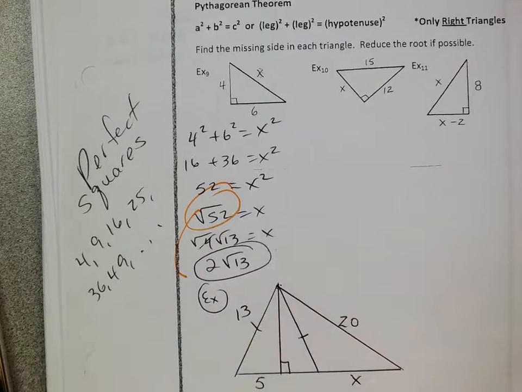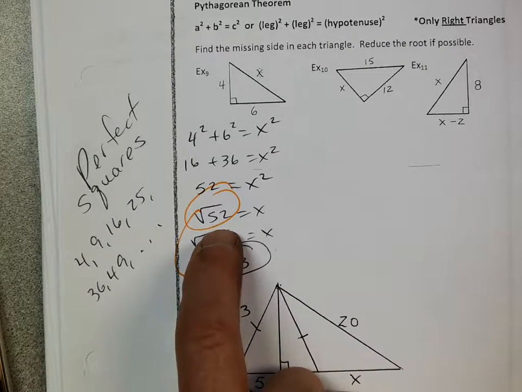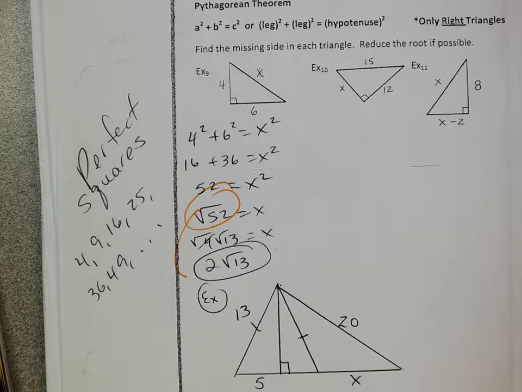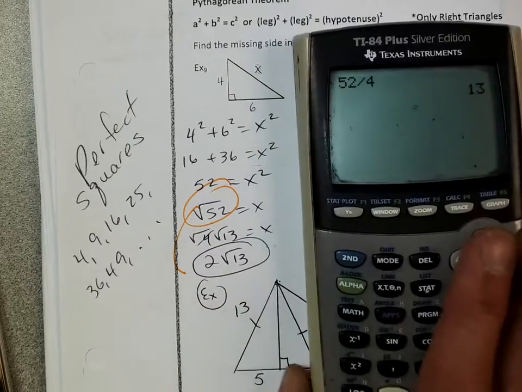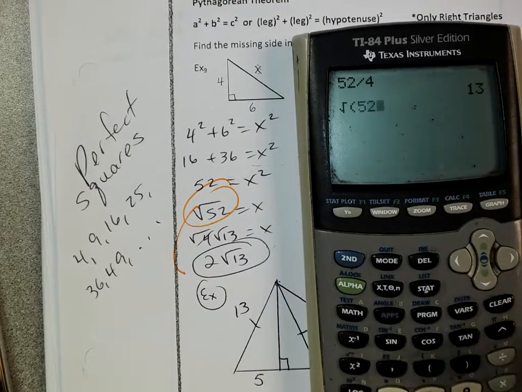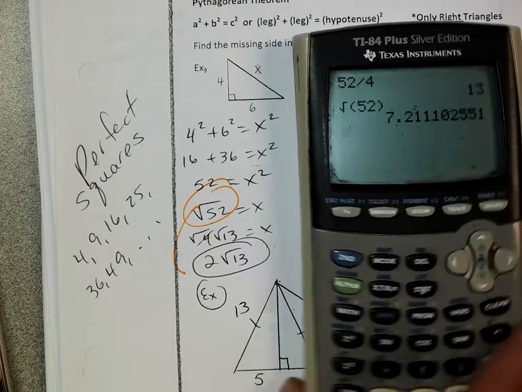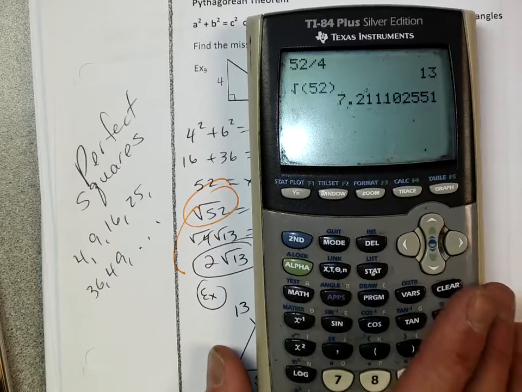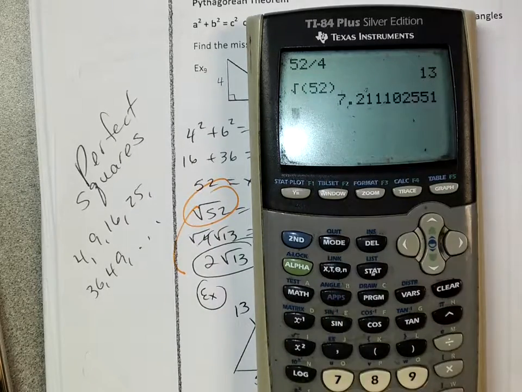Now, on a test, Jaden, if you just leave a square root of 52, I'll give it to you, okay? I will. And if you want to take the decimal, I'll give it to you also because you've done the work. I like these answers because you're going to need to know how to do these answers later. But if you take the square root of 52 as a decimal, you get an answer like about 7.21, blah, blah, blah, okay? It's the blah, blah, blah part that math teachers don't like because this decimal keeps going on and on and on.